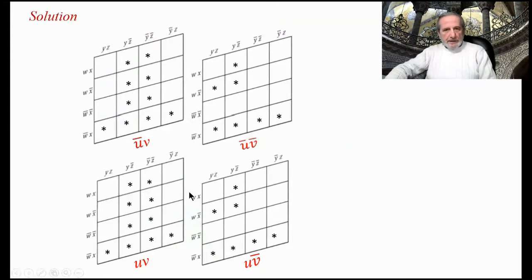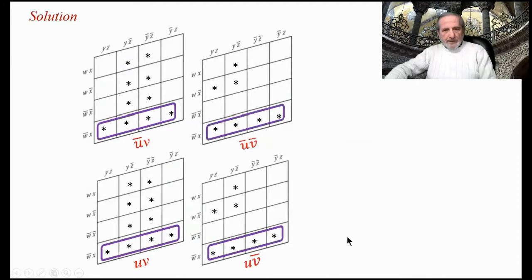Now here you see, you can take this 4, 4, 4, 4 terms together, U, V, U bar, V bar cancel. Then look at only one of the tables, all of these cancel, you get W bar X. Now, you can get this 8 and this 8 together. U cancels U bar, you get a V. Here, all of this cancel, you get Z bar.